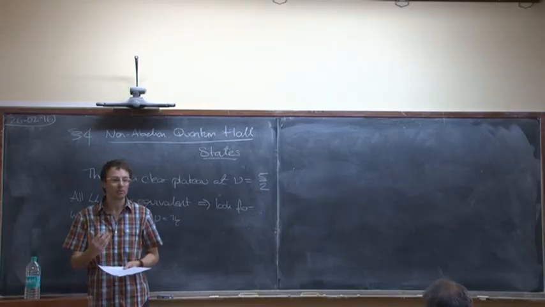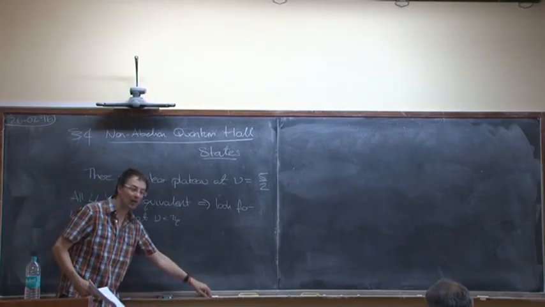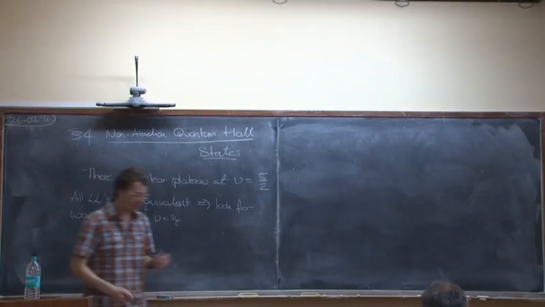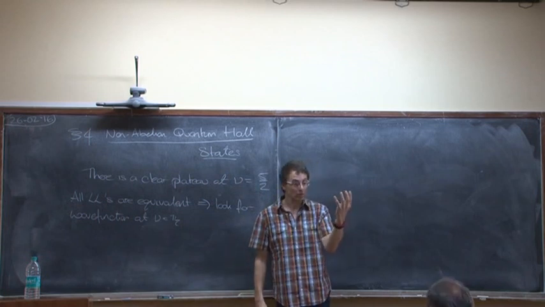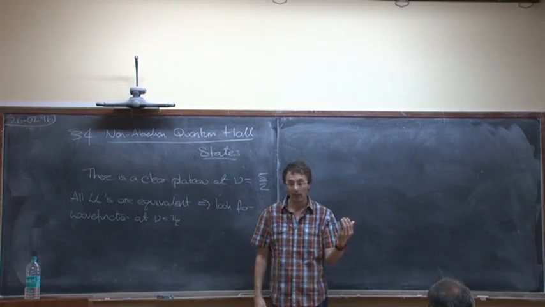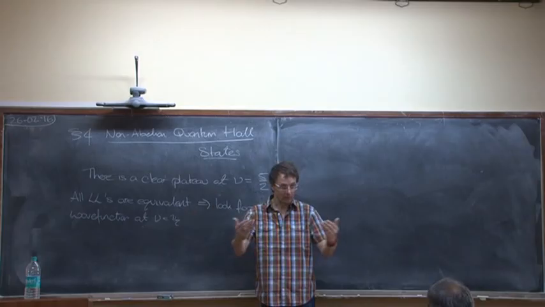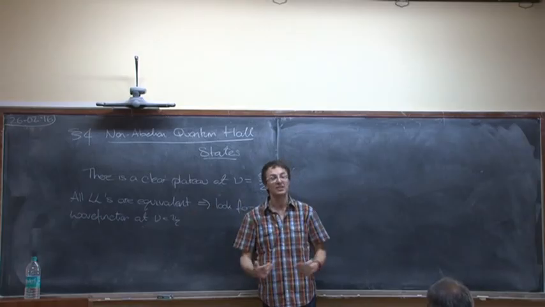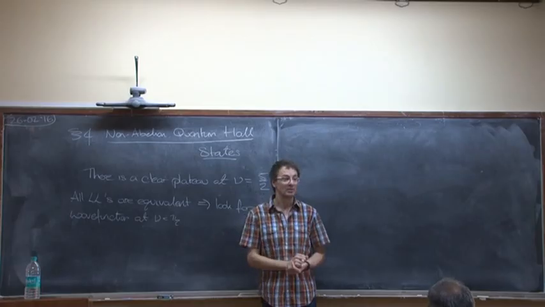Other questions? Okay, so this is our goal. Write down a wave function for electrons that are fermions that describes a quantum Hall fluid at filling fraction nu equals a half. And there's a very, as we've seen, tried and tested way to solve problems like this, which is you just make stuff up.